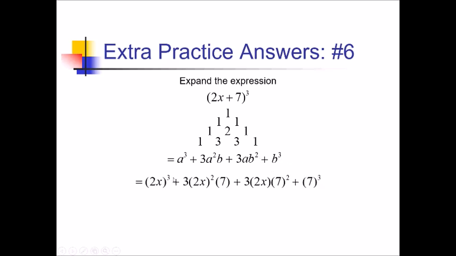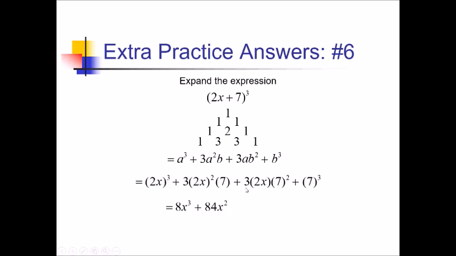2x to the third, that's going to be 2 cubed x cubed, so 8x cubed. Next, we've got 3 times 7, which is 21, and then this 2x squared, that's 4x squared. 21 times 4 is 84, so we have 84x squared.